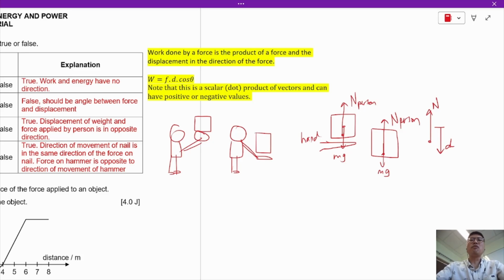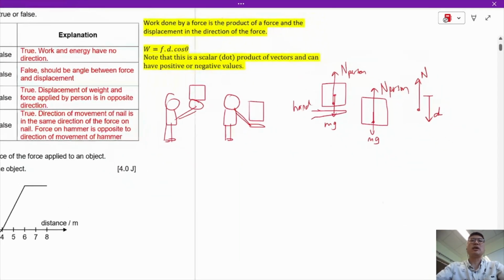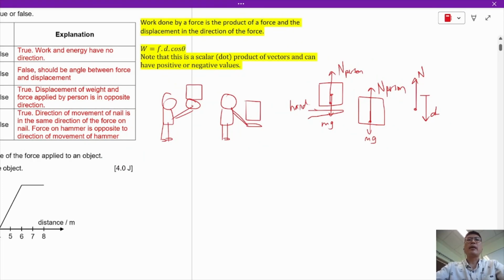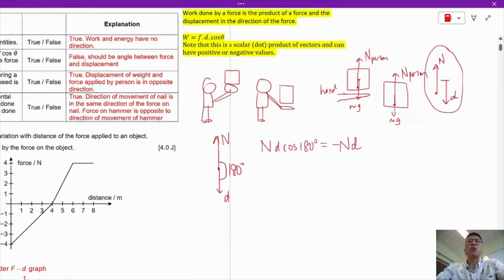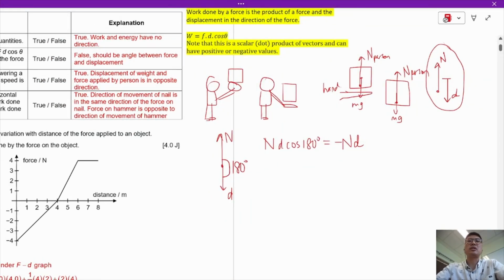Because the normal force and distance are in opposite directions, when you start to do the calculation, N is in this direction and D is in this direction, and the angle between N and D is 180 degrees. So N D cos 180 degrees equals minus N D. This means that when lowering a weight, the work done by a person is negative.